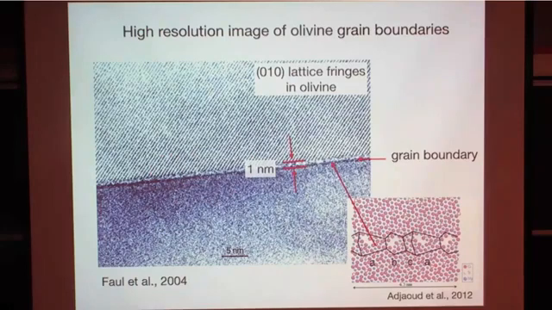There are now also these ab initio models. This is a model of an olivine, again from 2012. The point here is that the grain boundary is less ordered than the grain interior. It's a defect.